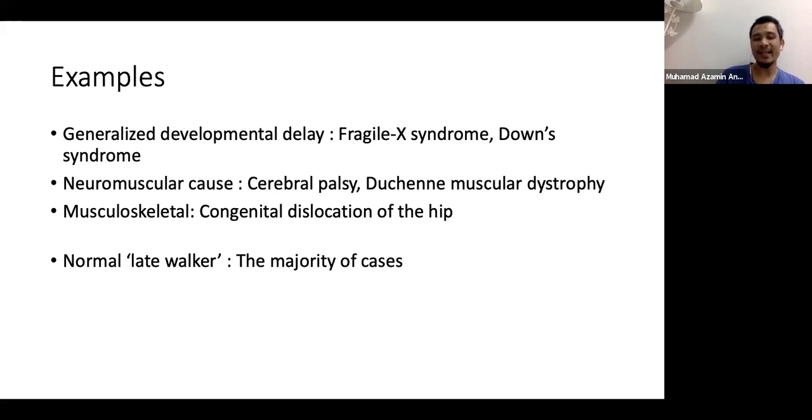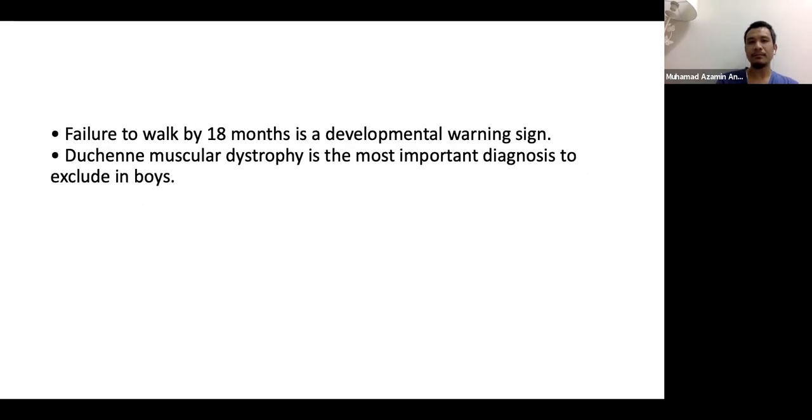But if you put normal late walker, you need to think that it is only a category for isolated gross motor delay only. Okay, if the child has other delays, then that's not a normal late walker. It is something else.